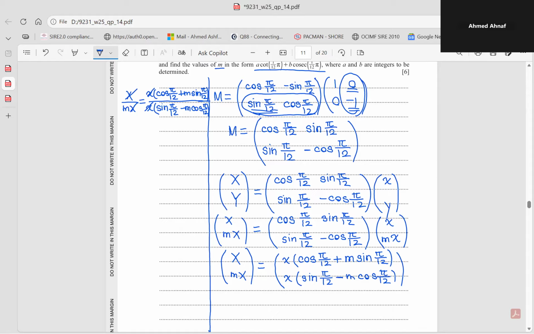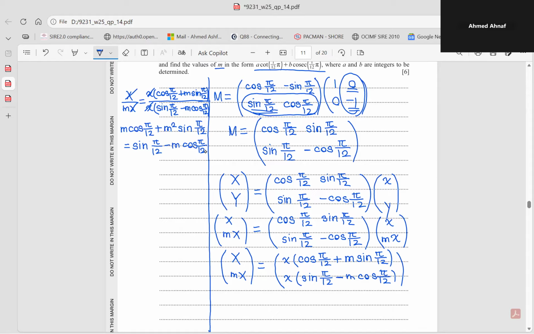Cross multiplying gives us m bracket cos pi over 12 plus m sine pi over 12. So that's m cosine pi over 12 plus m square sine pi over 12 equals sine pi over 12 minus m cosine pi over 12.